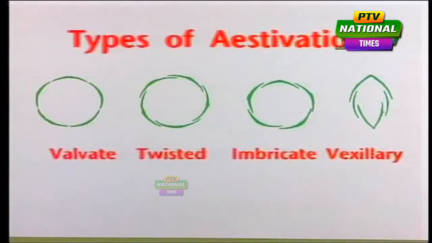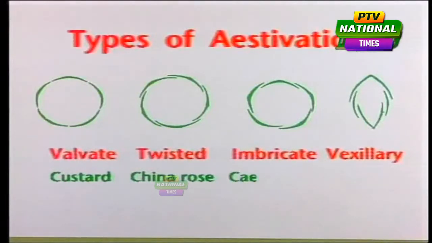Examples of those would be, if it's a valvate flower, it would be custard apple. If it's a twisted flower, then it would be China rose. Imbricate would be cassia, and vexillary would be pea.